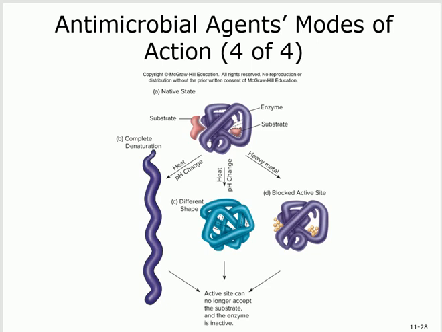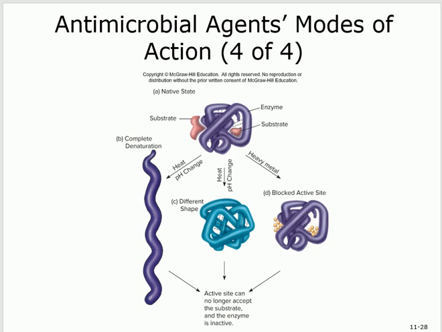So here is the mode of action. This is the native state. One of the things that you can use is heavy metals. They can block the active sites. So they are going to kill it this way, by blocking the active site. Heavy metals block the active sites.